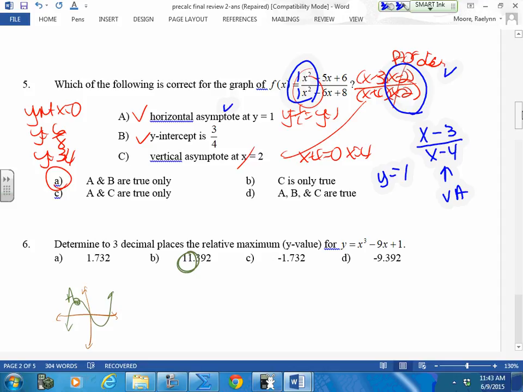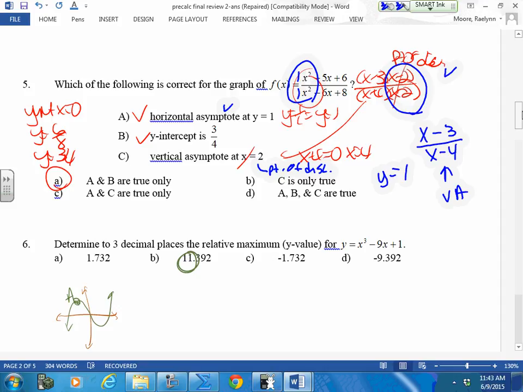So we got this guy. A vertical asymptote? No, my asymptote is at x equals 4, so that one doesn't work. And that's where your point of discontinuity is. So my y-intercept is when x is equal to 0.